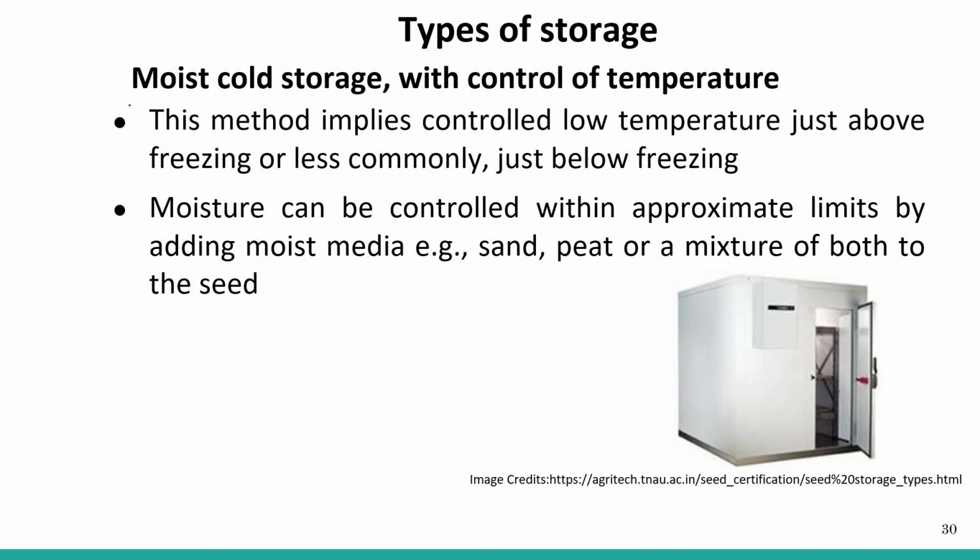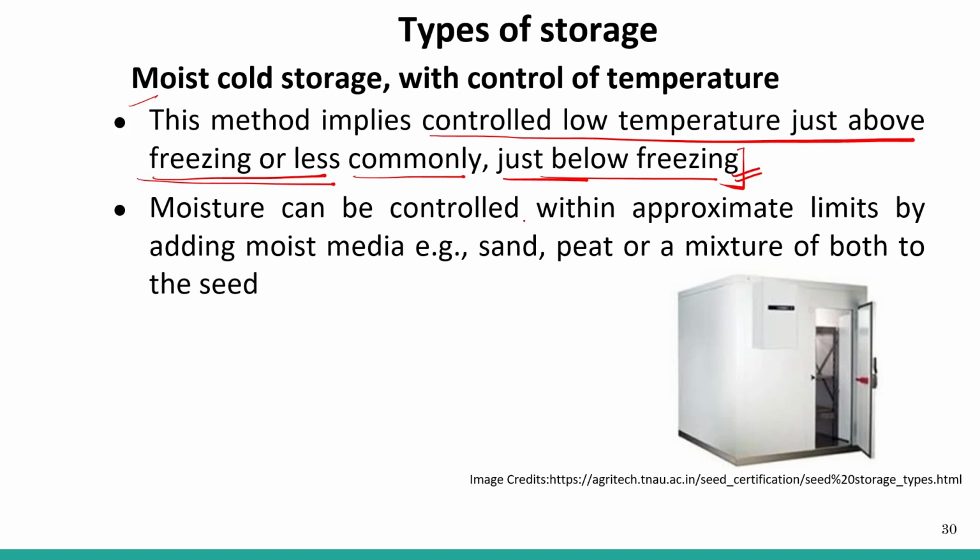Moist cold storage with control of temperature. This method implies controlled low moisture just above freezing, or less commonly just below freezing. So we are maintaining the temperature just below and just above freezing.